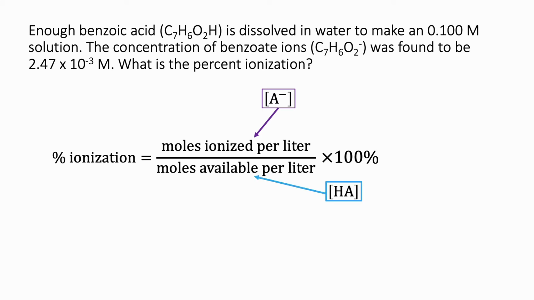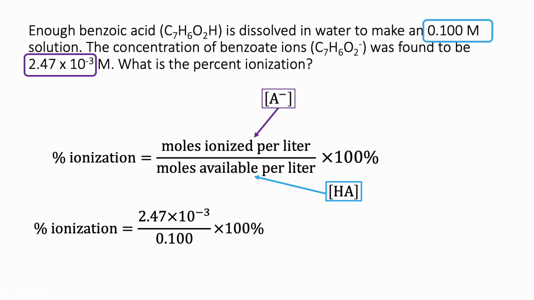And we're looking for the total moles of HA that were added to the solution in the beginning for the denominator. So there's our A minus concentration, and there's our HA concentration, and our percent ionization then is going to be 2.47 times 10 to the minus third divided by 0.1 times 100%, and that will give us 2.47%. As you can see, with a fairly weak acid, there are very few molecules that actually lose their protons. It's just a very, very small fraction.